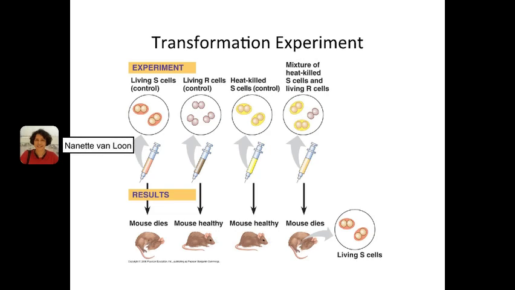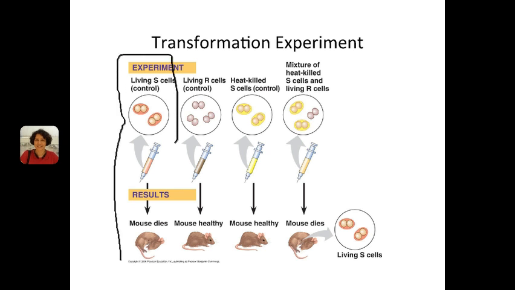Here is the illustration of the experiment that we just were talking about. When Griffith injected a mouse with the living S strain bacteria, the living S Streptococcus pneumonia, he found that they developed pneumonia and they died.